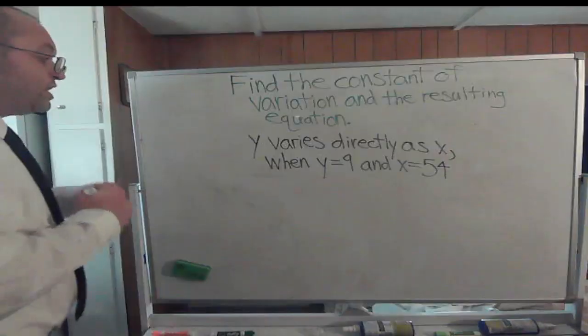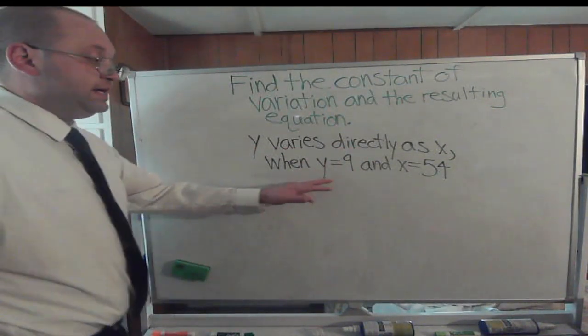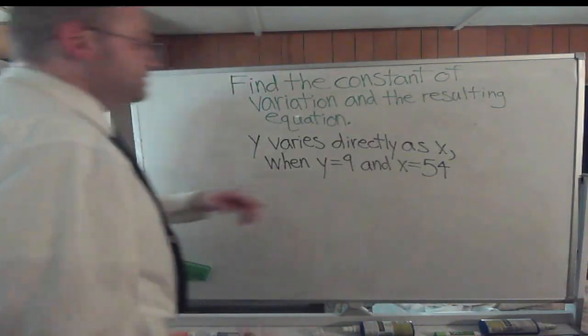Okay, so we have y varies directly as x when y equals 9 and x equals 54.